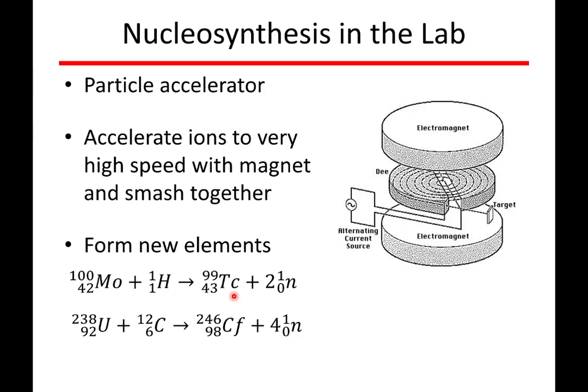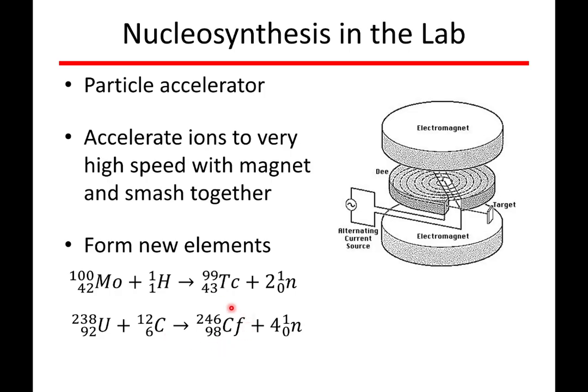Additionally, elements that are heavier than uranium are generally radioactive with such short half-lives that they are not naturally occurring on Earth. And so, how do we get elements that are beyond uranium on the periodic table? They're typically made by performing nucleosynthesis reactions using particle accelerators in labs. You could take uranium-238 and bombard it with carbon-12, and when you do that, what you form is californium-246, right?